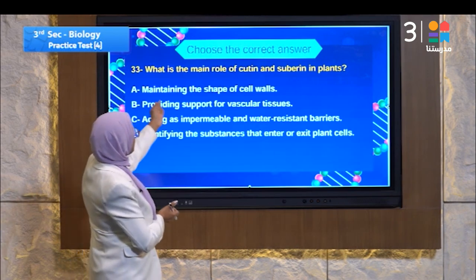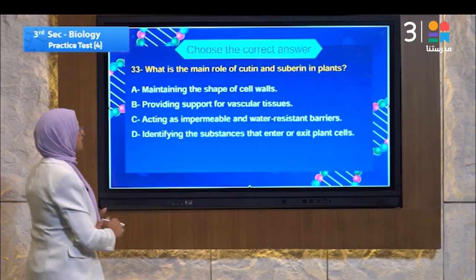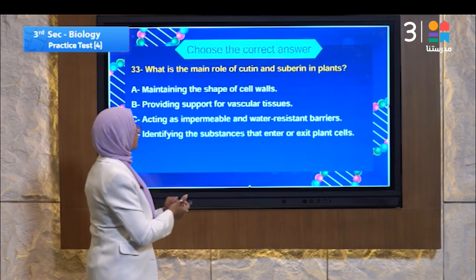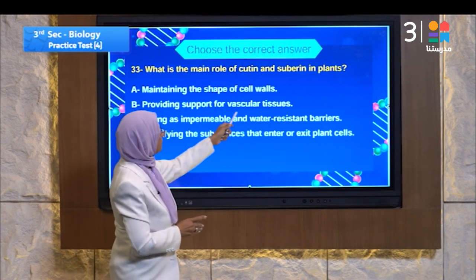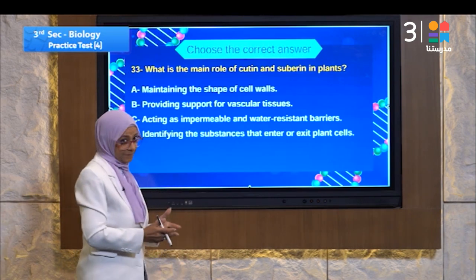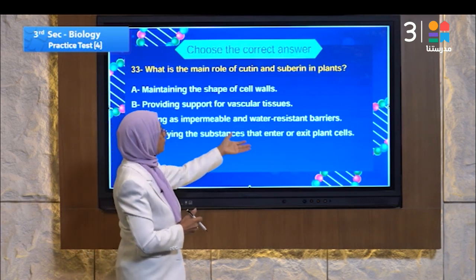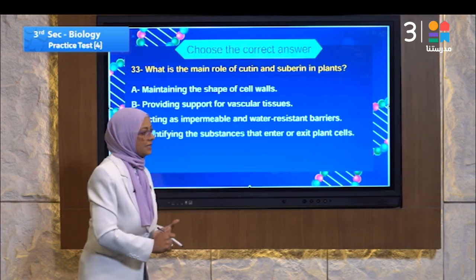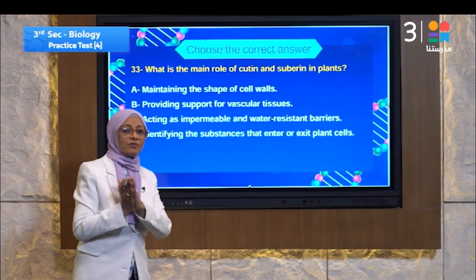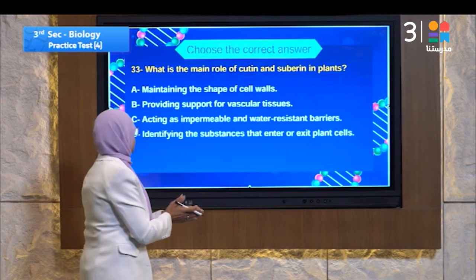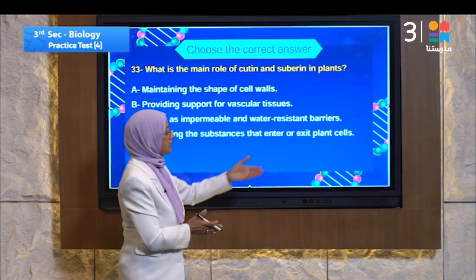Number A, maintaining the shape of the cell wall. It's not only their role; maintaining shape may be done by cellulose. B, providing support for vascular tissue. C, acting as an impermeable water-resistance barrier. Yes, they are impermeable and don't allow the passage of substances from outside to inside. D, controlling the substances that enter or exit the plant cell.